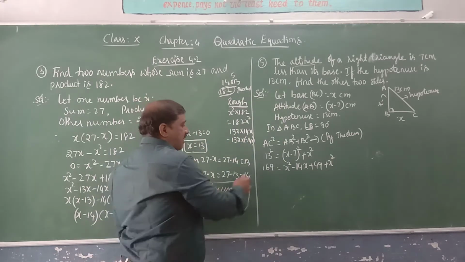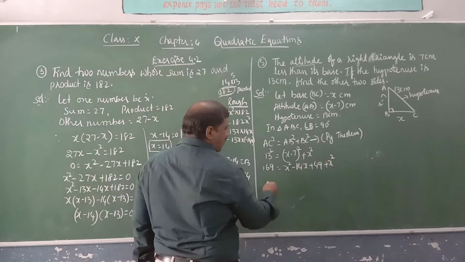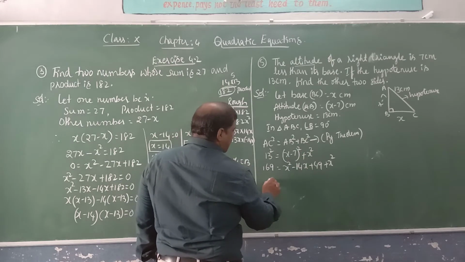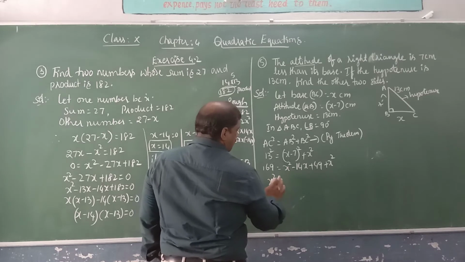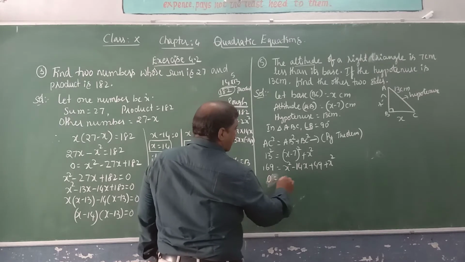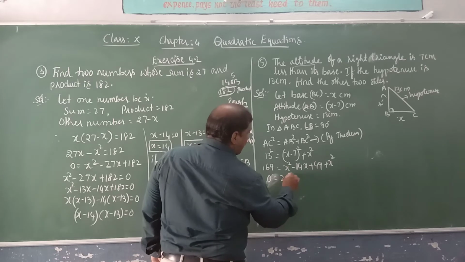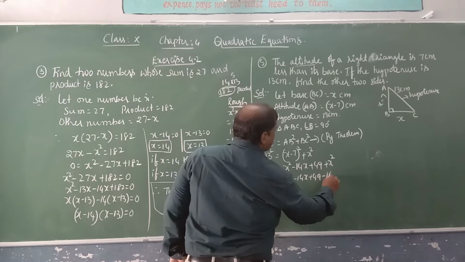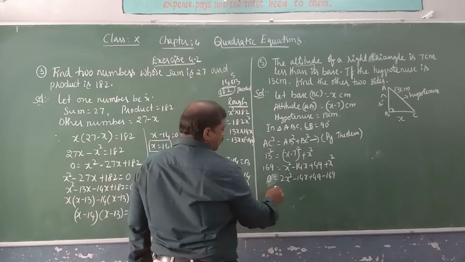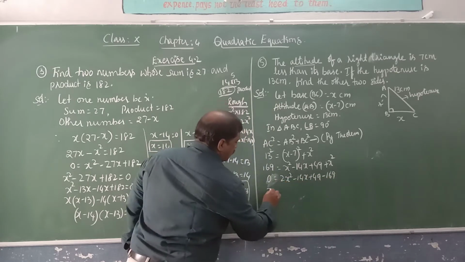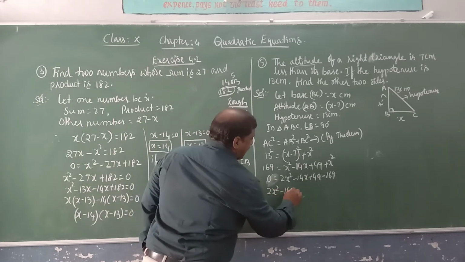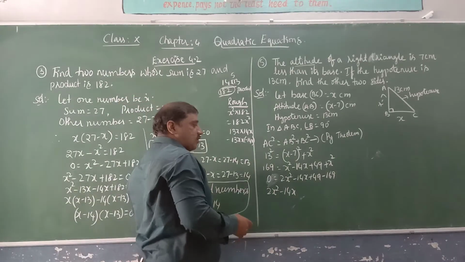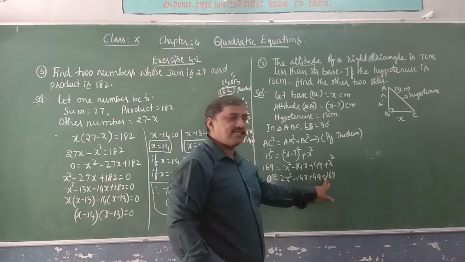Now simplify, transpose 169 to the other side, the RHS, and it becomes minus 169. Therefore, x square plus x square is 2x square, minus 14x, plus 49 minus 169, equals 0. Now 49 minus 169 is minus 120, since the minus sign goes with the greater number.